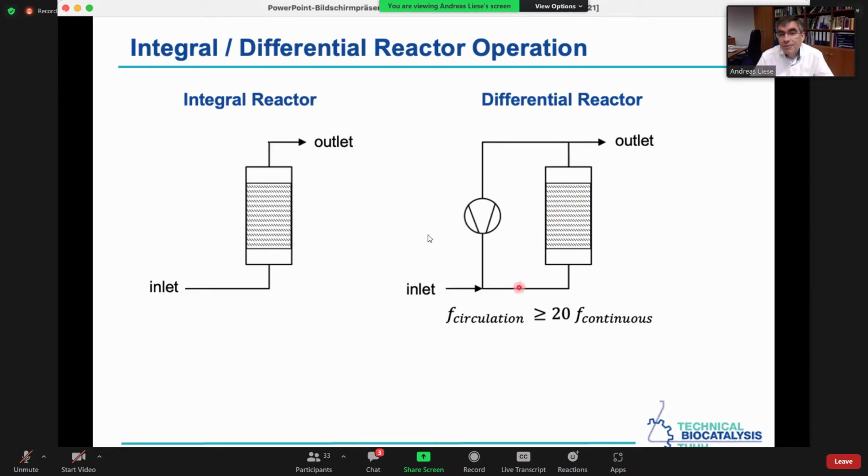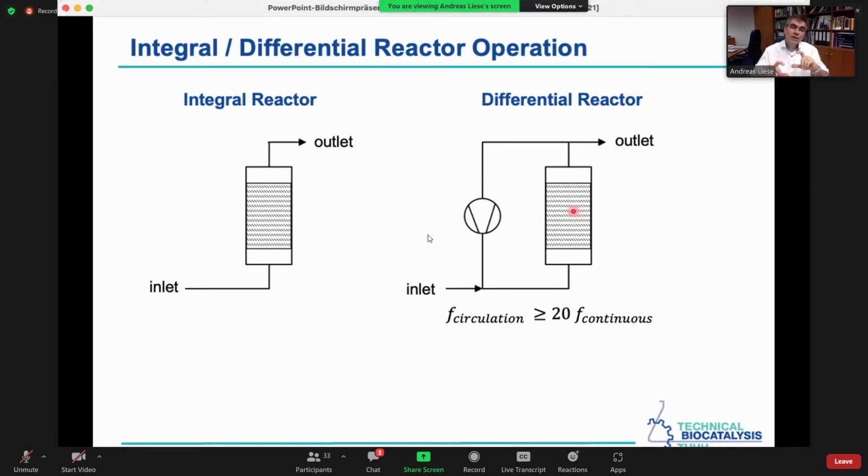Because if we're not looking at the inlet of the overall reactor to the outlet, but just at the fixed bed in the middle, then what enters here and exits here is different. What enters here has a specific concentration, and we might just add 2% of conversion from inlet to outlet, recycle it, and additionally add 2%. And that means differential reactor.